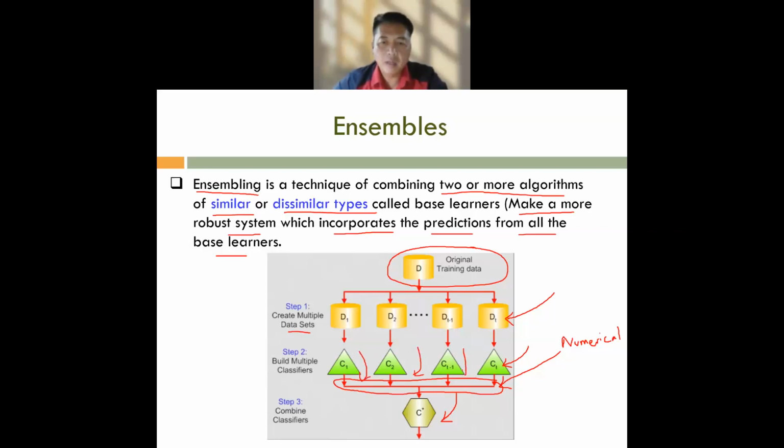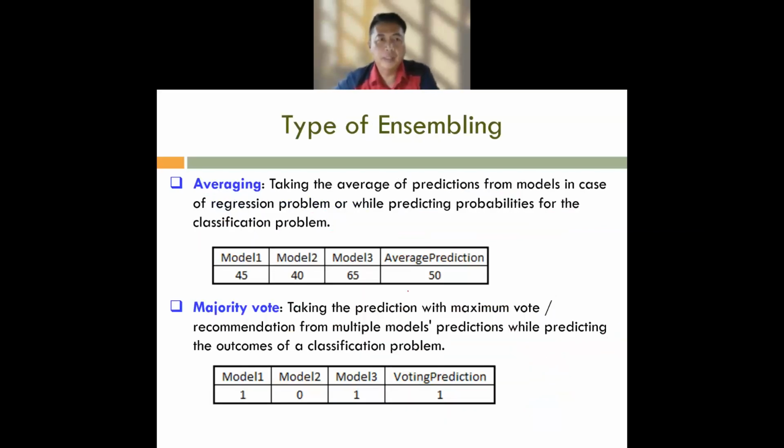So how do we combine them? We just take the average. Okay. But if you are getting categorical value or the label here, we will use the voting method in which we get the most voted label. Okay. So we will look into that one later on. Okay.